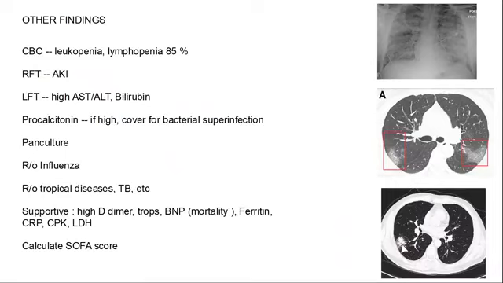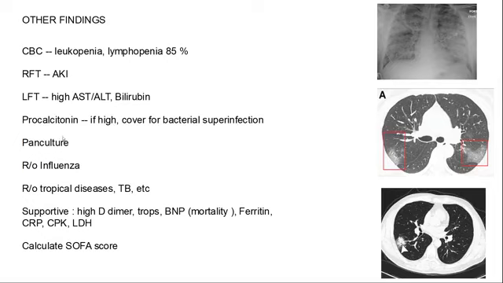People who get admitted to the hospital with COVID-19 get a lot of other problems as well. If you look at the CBC, they'll usually get leukopenia and lymphopenia, 85%, just like in any other viral or rickettsial disease. They might have AKI, some AST and ALT elevation, and high bilirubin. Procalcitonin is usually normal until there is superinfection with bacteria, so this test might be helpful.